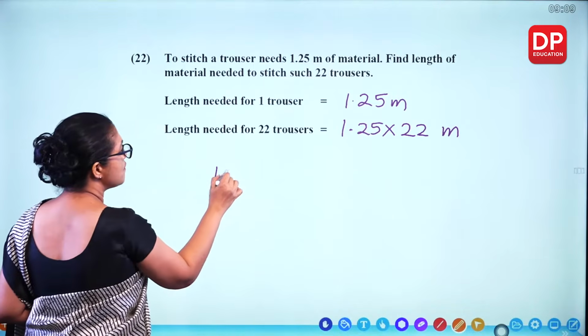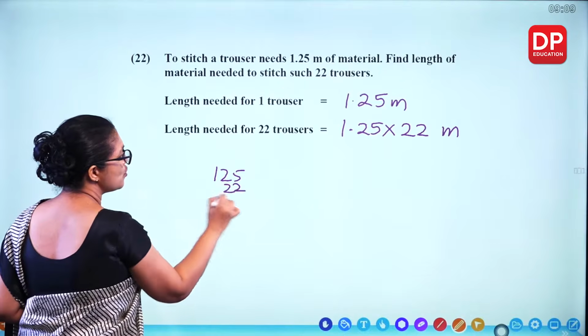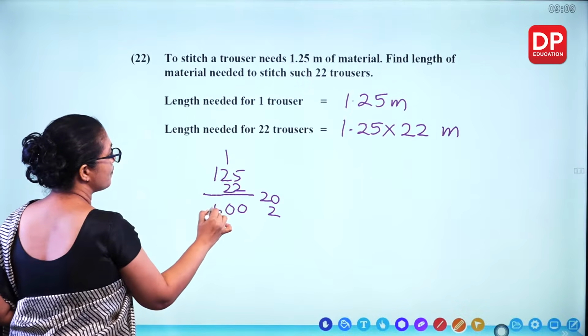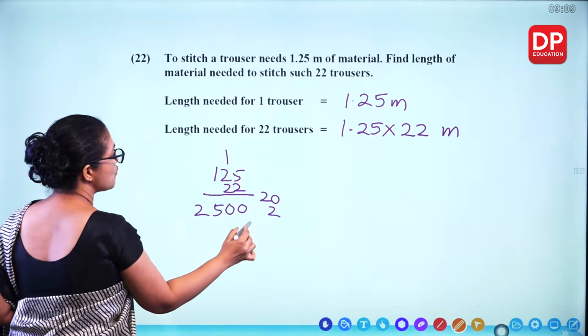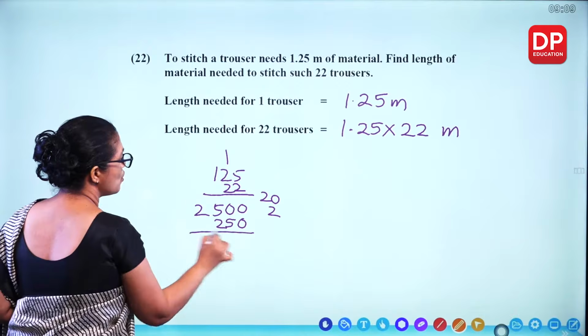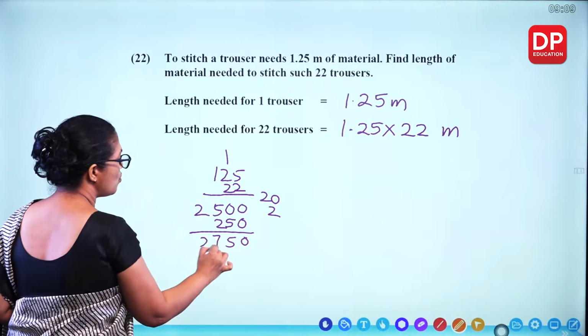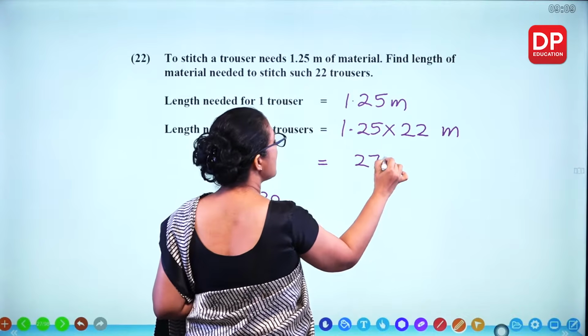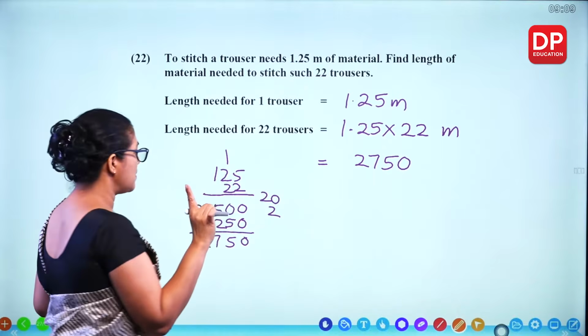So 125, just multiply by 22. 2 times 5, 10. 2 times 5, 2 times 1, 2. So you get 2750 when you multiply without the decimal.